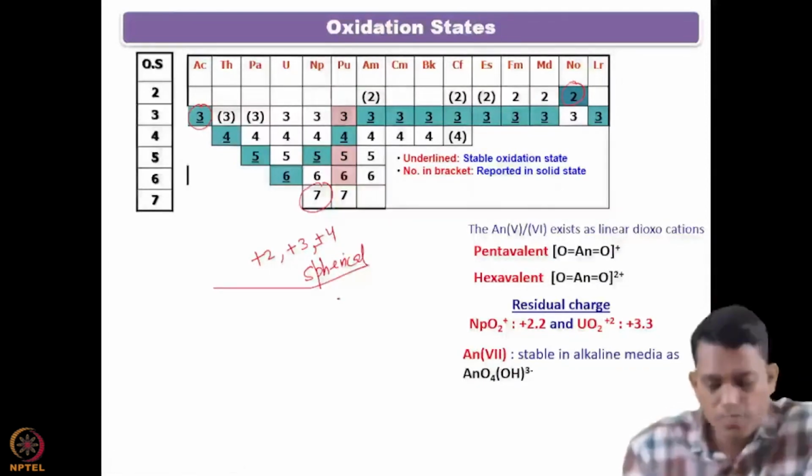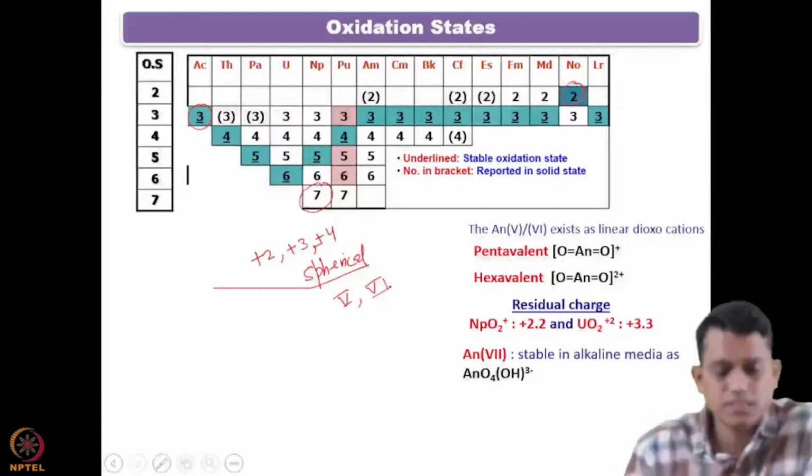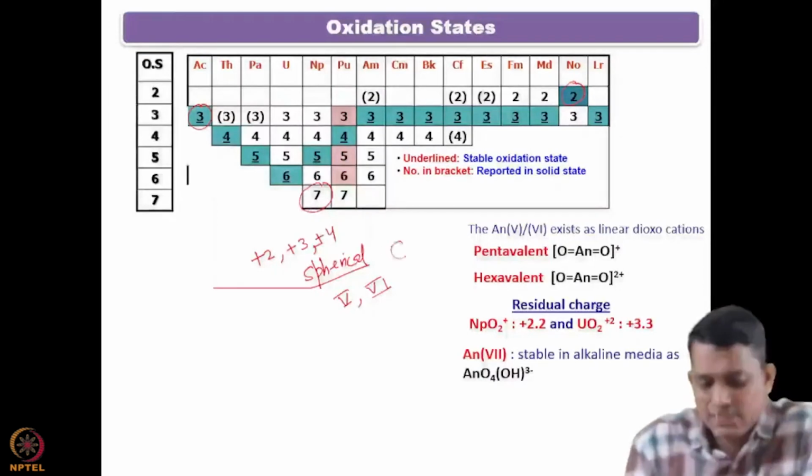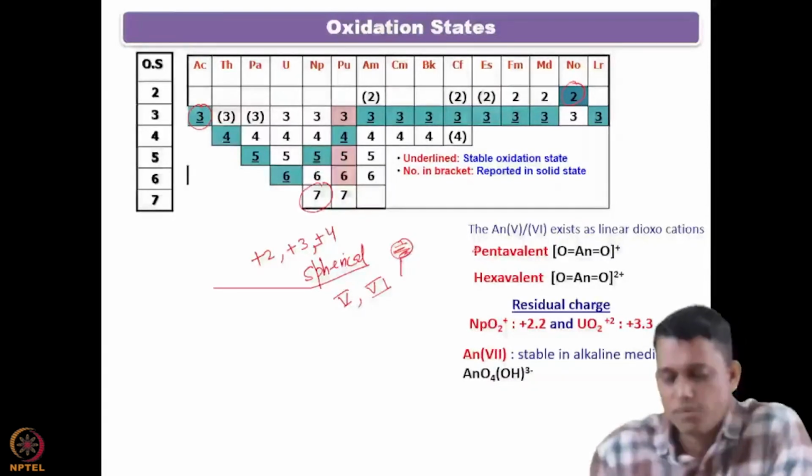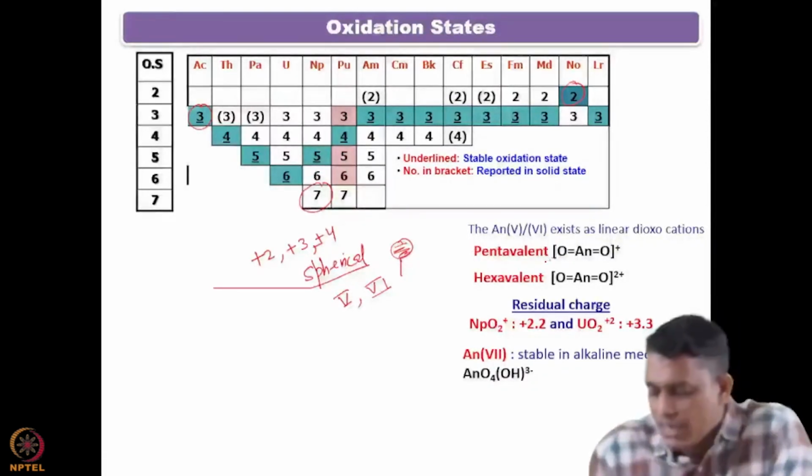But what about +5 and +6? When you see +5 and +6, they do not exist as spherical ions, because the ionic potential of +5 and +6 is so high that they extract oxygen from the media and make linear compounds, which are known as linear dioxocations.